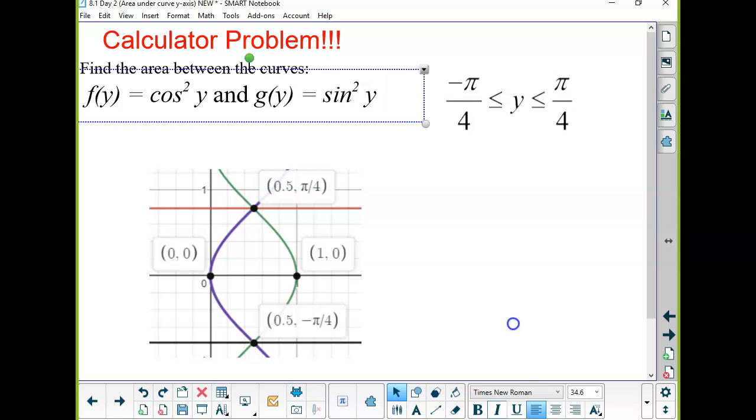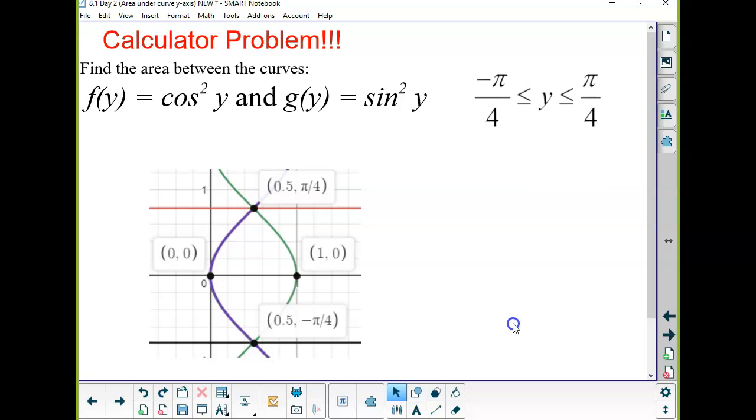Now this is something where they do give us some restrictions here, so we have to be very conscious of what everything means and how and why it's written.